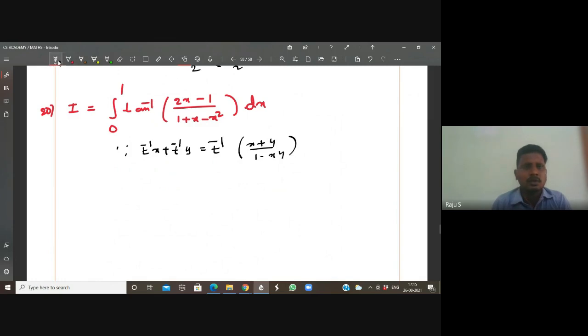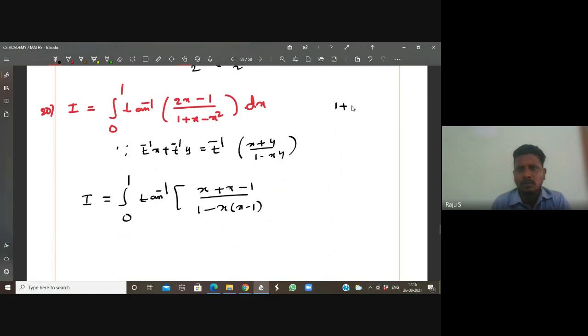Got it? So I is equal to integral 0 to 1 of this tan inverse, and I want to write it as (x plus y) by (1 minus xy). So shall I write x plus (x minus 1) by, like here, 1 plus x into (x minus 1)? You can take minus, sorry, minus x into (x minus 1). 1 plus x minus x square is there. When you take x common, it is 1 minus x, but when I take minus x, it is x minus 1.